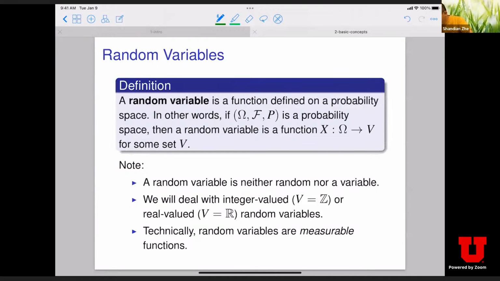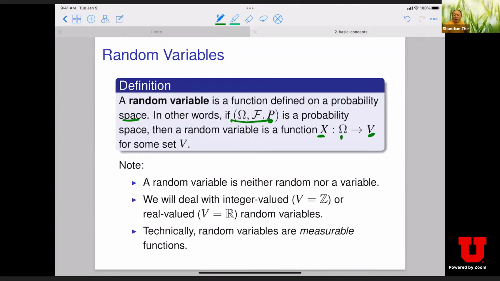A random variable is a function defined on a probability space, right? So if you have a probability space, which is the triplet omega, F, and the probability measure P, then a random variable is a function X, which maps a sample in the sample space to some set V. This is the most general definition, right?